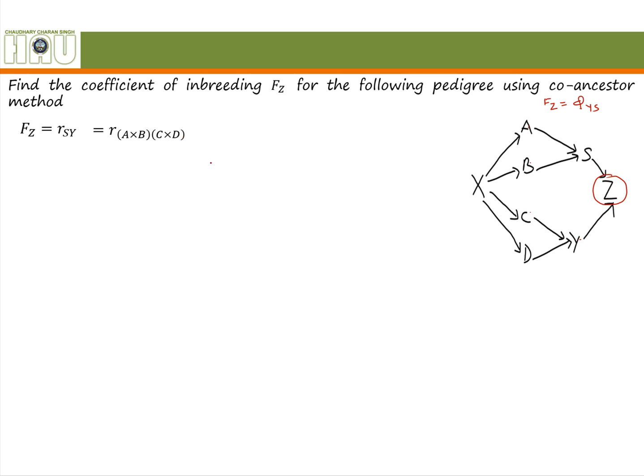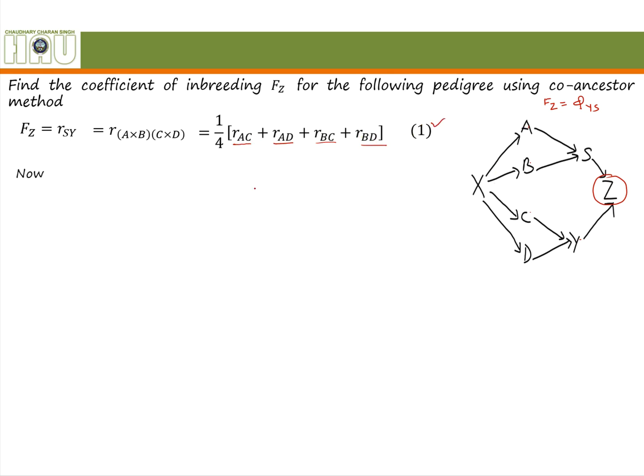Then it is given as 1 by 4 of RAC plus RAD plus RBC plus RBD. Now we will compute these terms separately and put them in equation 1.